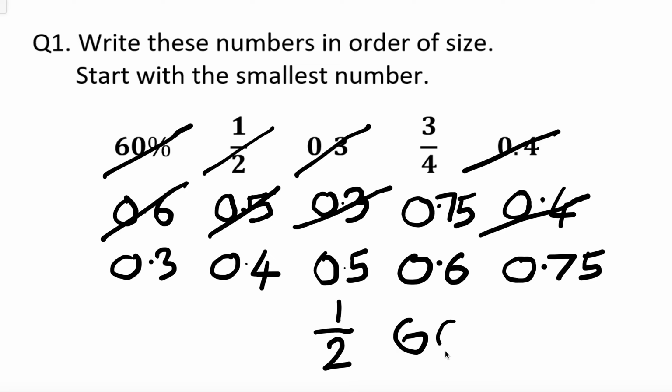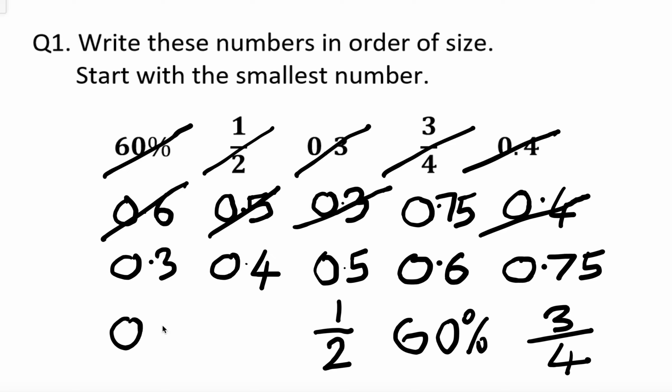And the last one, 0.75, was 3/4. Now, I'll just fill in the missing ones. 0.3, 0.4. There you go. They're all in order from smallest to largest.